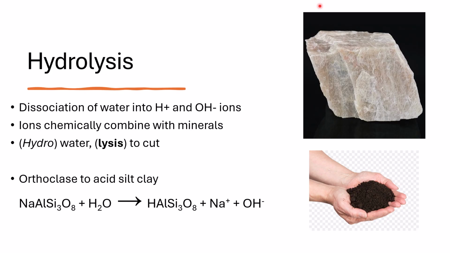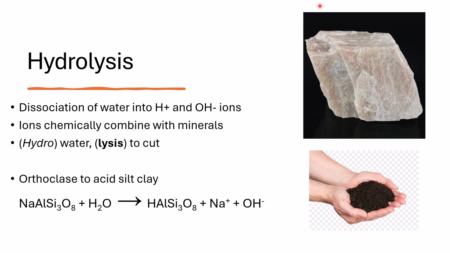So first, let's think about water. Well, it isn't just H2O floating around perfectly intact. Even pure water, to a tiny, tiny extent, can actually split apart or dissociate, which is what we just talked about in the last slide.